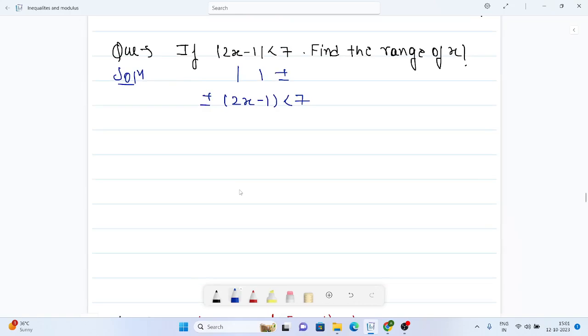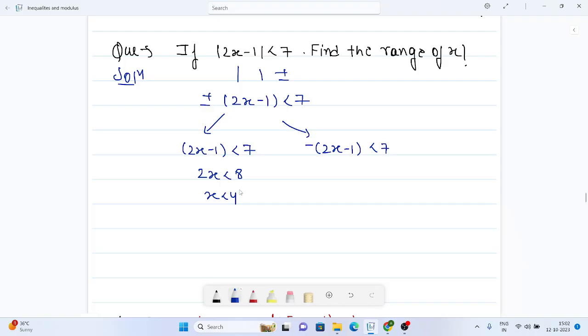Now it again gives two cases, either 2x minus 1 is less than 7 or the other case is minus of 2x minus 1 is less than 7. So from here I got 2x is less than 8 and x is less than 4.